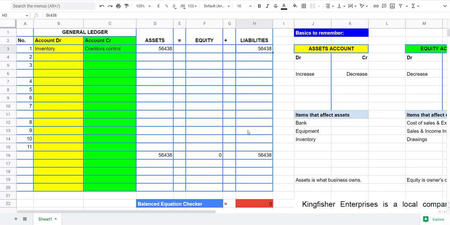If, for instance, we do something incorrect, say the liability is going to decrease by 56,438, you see our balanced equation checker is not 0, it says 112,876. So it must definitely be the correct input.